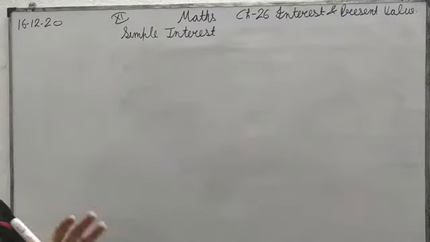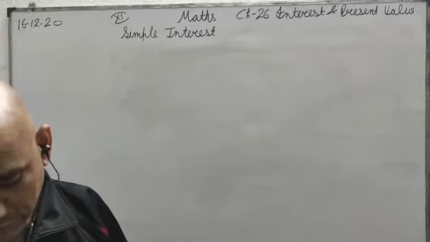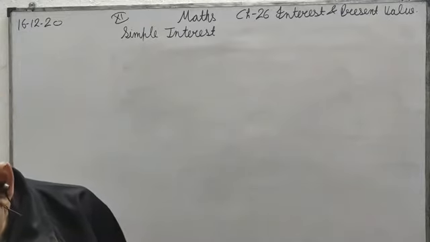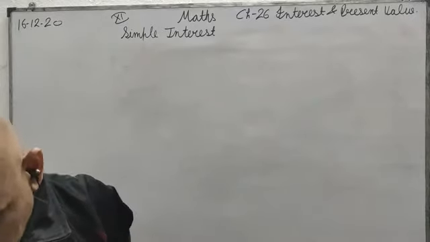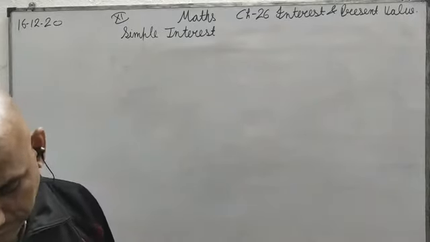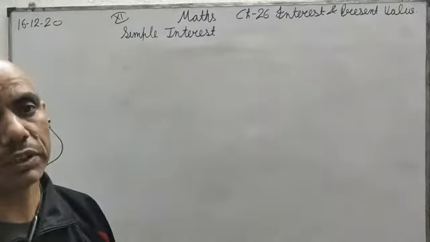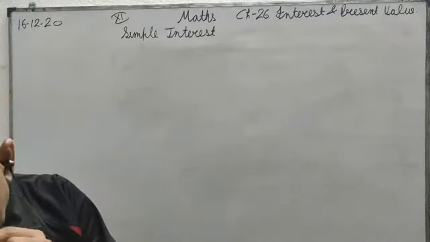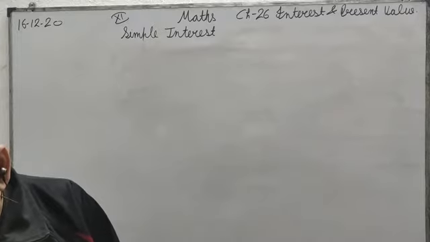So whatsoever interest has been produced by 15,000 at 5% in 1 year and 4 months, the same simple interest will be earned by how much principal. So first of all, let me calculate the interest for 15,000 at 5%.